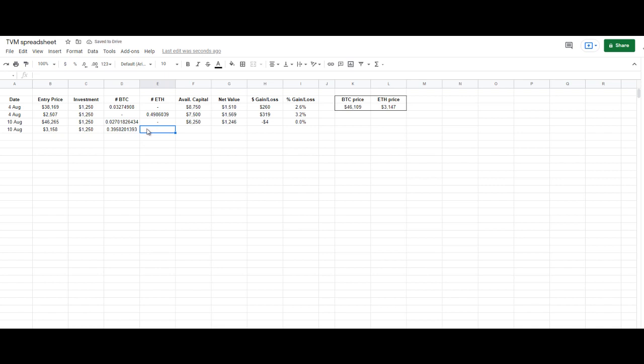Okay, so available capital $5,000. I have allocated half of my $10,000 across Bitcoin and Ether. So my full batch right now has been fully allocated. So the net value would be here. Okay.